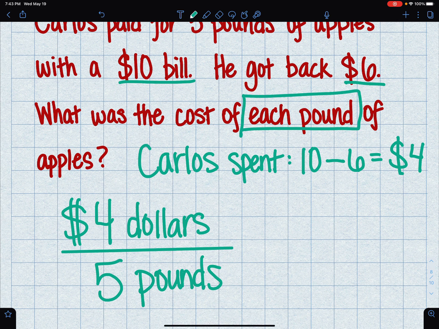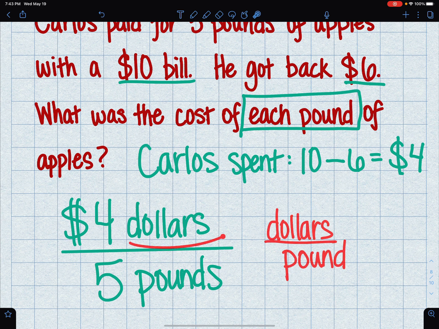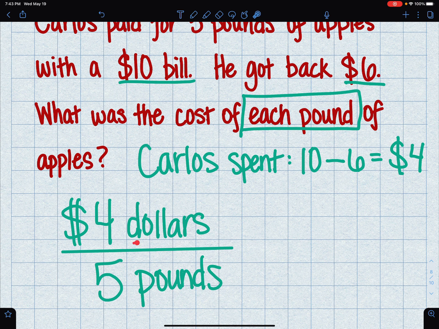So what do we have to do to figure that out? The cost for 1 pound, there's kind of a hint in the way that I wrote it, because you want to figure out how many dollars for 1 pound. And I wrote dollars on top and pounds on the bottom. That makes sense to me because we're figuring out how many dollars per pound. And so we're going to do 4 divided by 5.